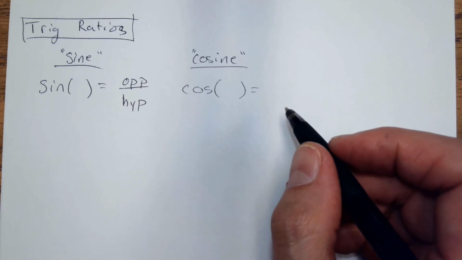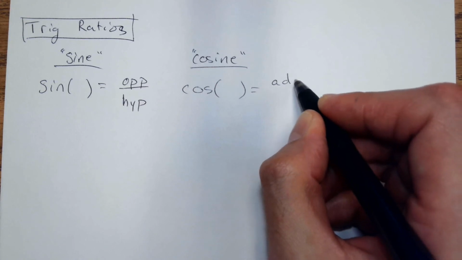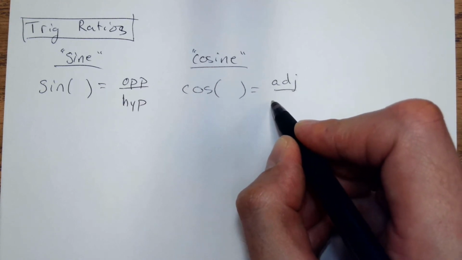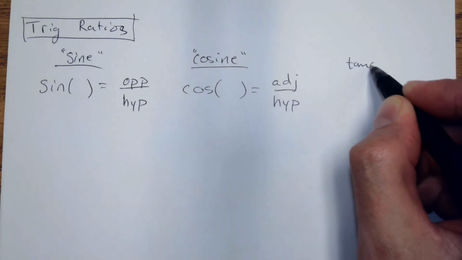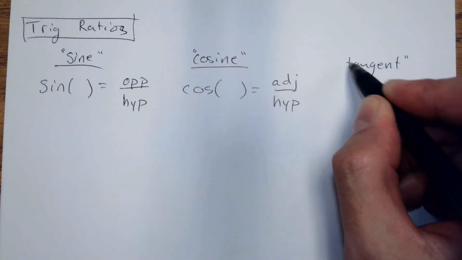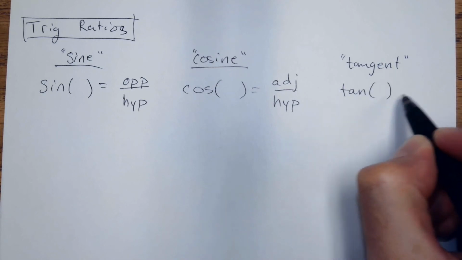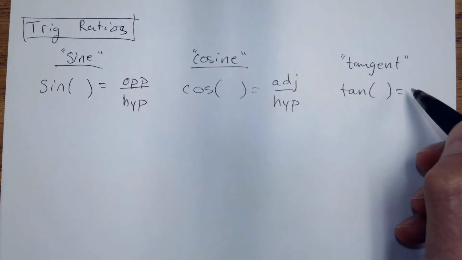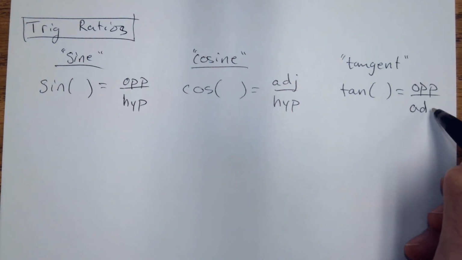Cosine. That's going to be the adjacent side over the hypotenuse, and the tangent is defined by the ratio, first, tangent of some angle equals opposite over adjacent.